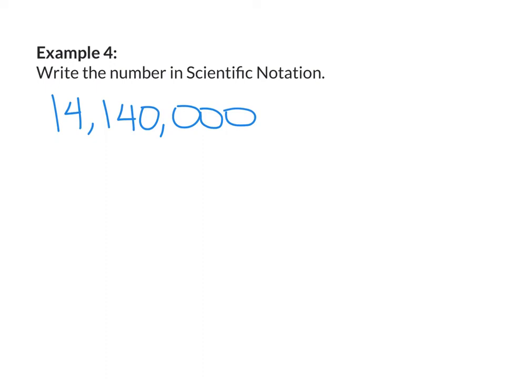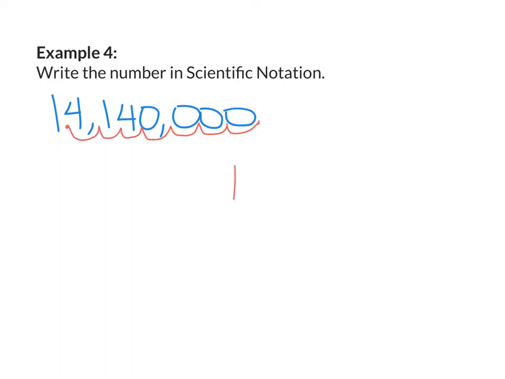Example 4. Write the number in scientific notation. I know that when I don't see a decimal, there's always an invisible decimal at the very end. In scientific notation, it's always 1 digit and then the decimal. So my decimal would be right here. I need to see how many jumps it's going to take for me to get to the left. So it's going to be 1, 2, 3, 4, 5, 6, 7.